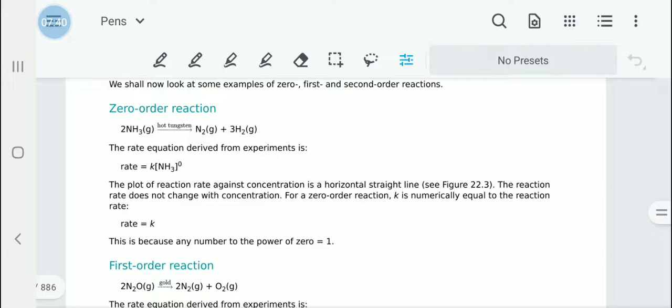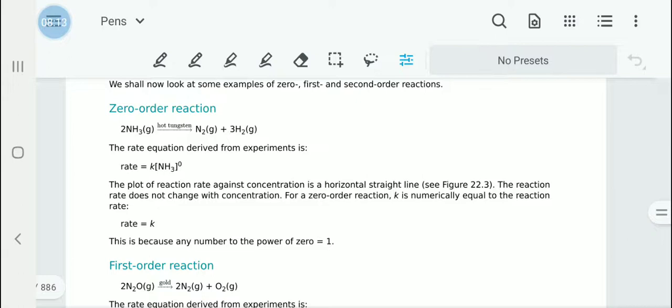Zero order reaction, 2NH3 gas, with hot tungsten on top of the arrow, giving N2 gas plus 3H2. By experiment we get the rate equation: rate equals k[NH3] to the power 0.